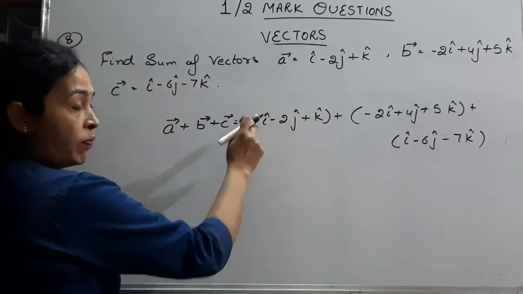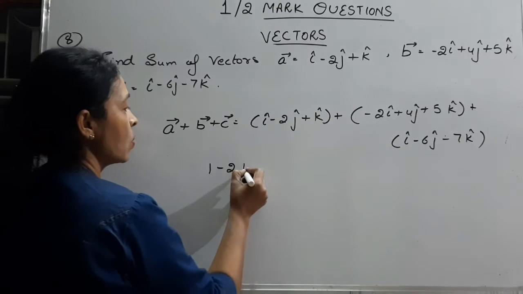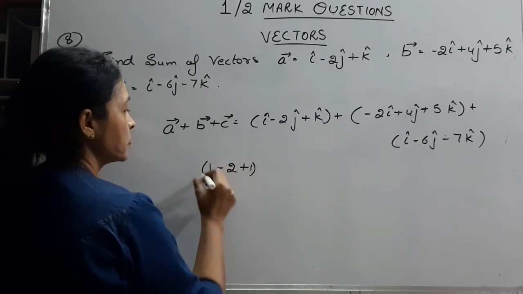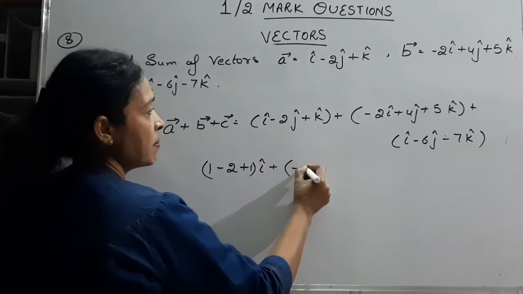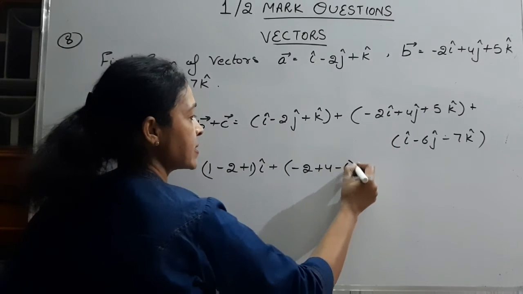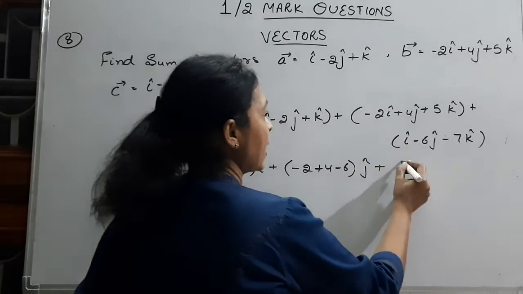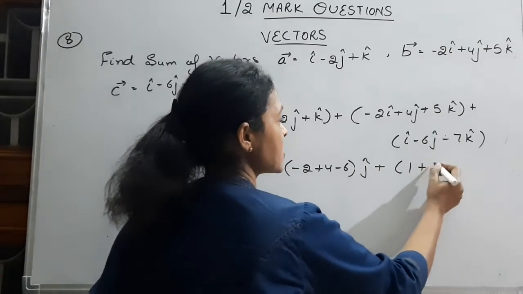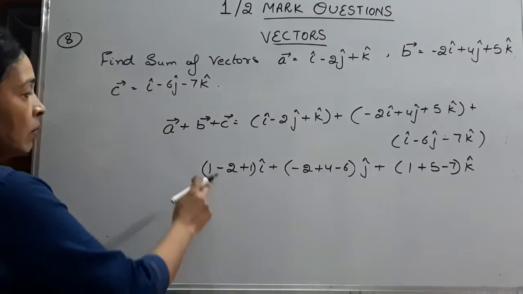Now, component of i cap is 1 minus 2 plus 1, j cap component is minus 2 plus 4 and minus 6, and component of k cap is 1, here it is plus 5 and minus 7.